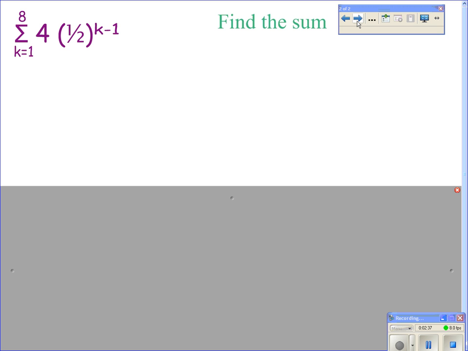All right, so this is in sigma form. Remember, sigma just means to add up all of the numbers. So I will rewrite the formula here so that we're knowing what we're looking for. Okay.